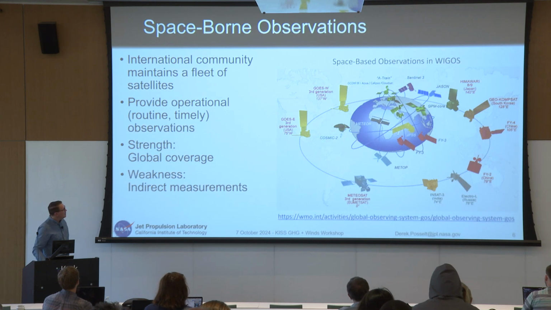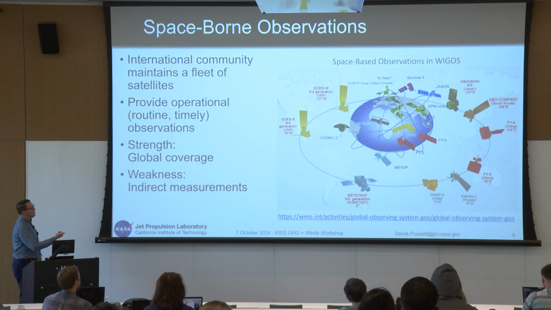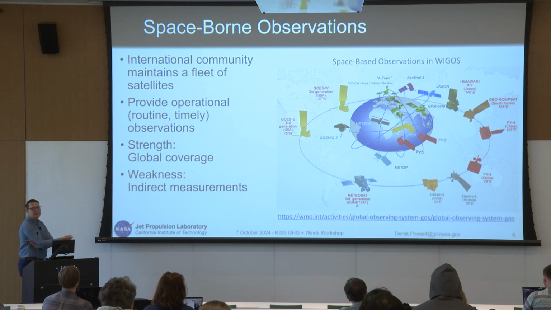Okay. Spaceborne observations. Anna showed the fleet from NASA. These are a list of all of the satellites that are operating routinely as part of operational weather prediction and observation by the various agencies.